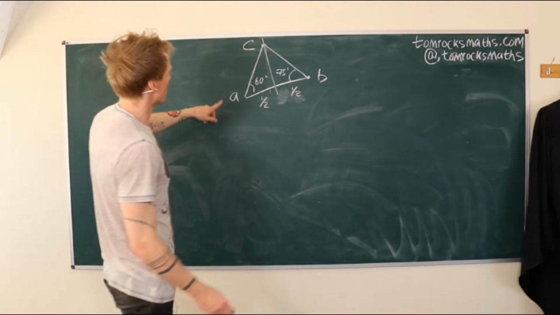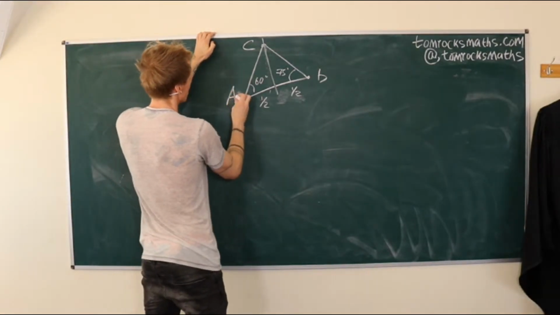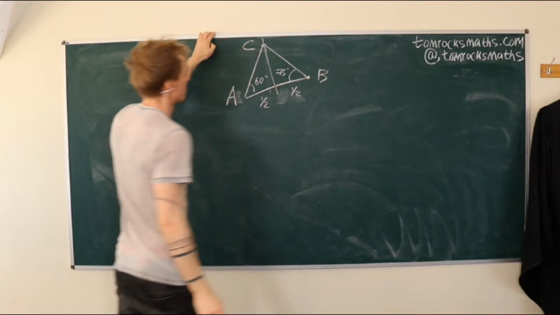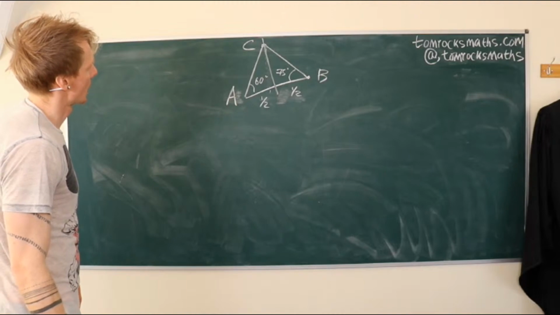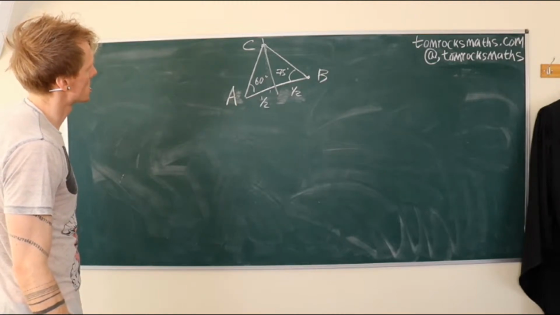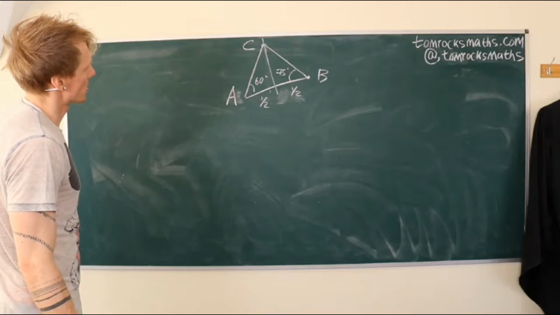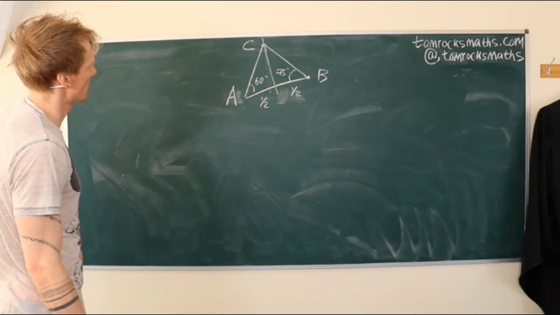Right, so I've got A, B, C. Let's do capitals, normally for points. I've got a half and I've got 60 degrees, and I want to know that length there. Maybe we're going to use the sine rule. Maybe we're going to go back to question 1 and use the sine rule.